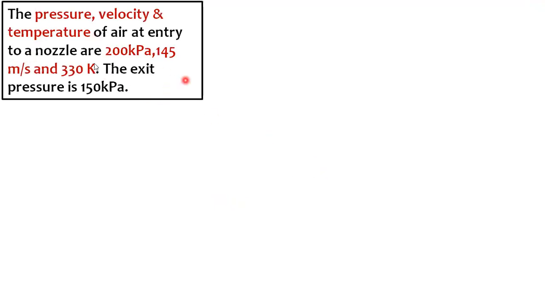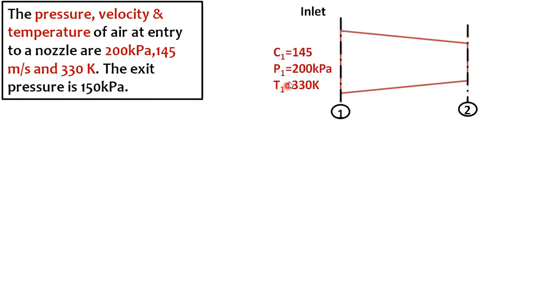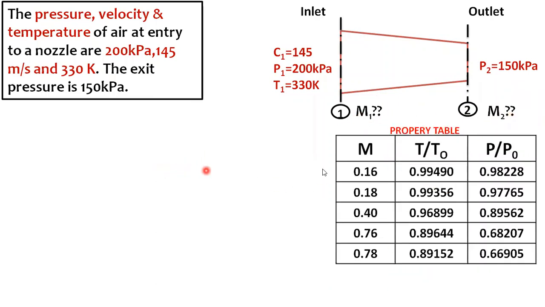Okay, so the data are given. We can assume it to be a convergent nozzle. This is the inlet section, and this is our outlet section. Here the velocity, pressure, and temperature are given, and the exit pressure is given as 150 kilopascal. We have to find out the Mach number at the inlet and at the exit.